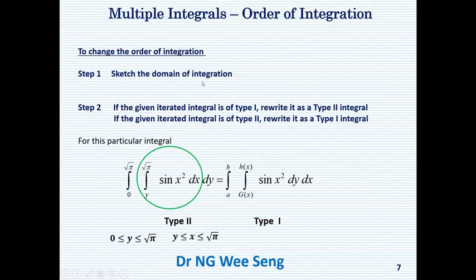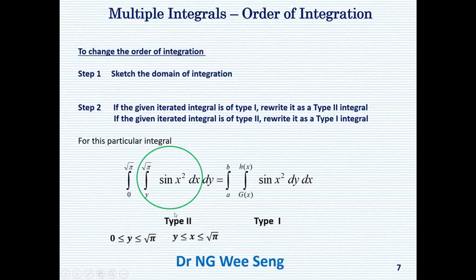In order to change the order of integration, you will first have to find out the domain of integration. So that will be the first step. Once you are done with this, you will change the given integral to the other type. So for example, if the given integral is of type 2, which is what happens here for this particular example, you try to write it as a type 1 integral.